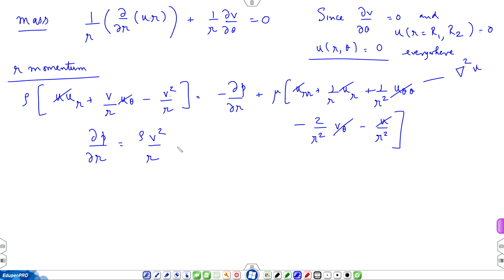Here you cannot say that the transverse variation of pressure is absent. There is indeed, because of rotation, angular rotation, a pressure gradient in the radial direction.